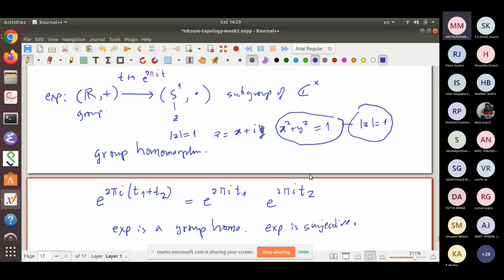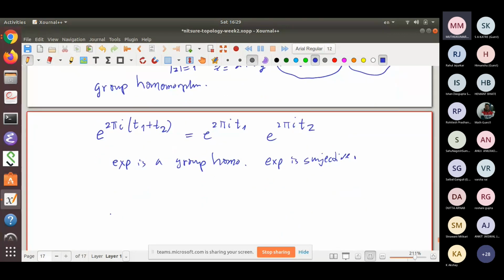So your first, second, third, whatever homomorphism theorem will tell you that R plus modulo the kernel of exp, and what's the kernel? Integers. Correct. So R modulo the kernel of exp is isomorphic as a group to S1 with multiplication.